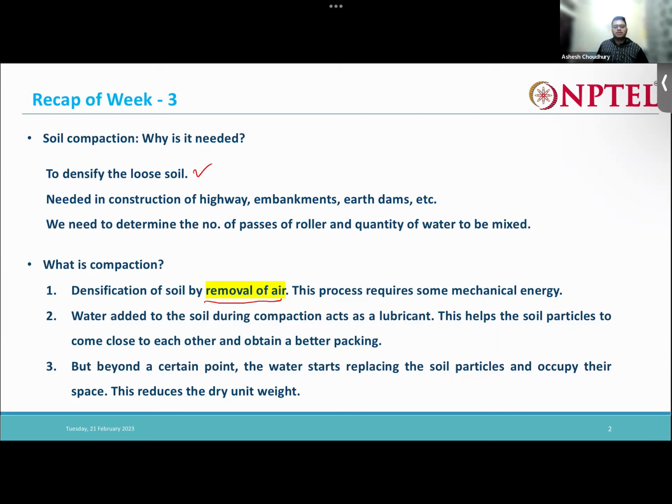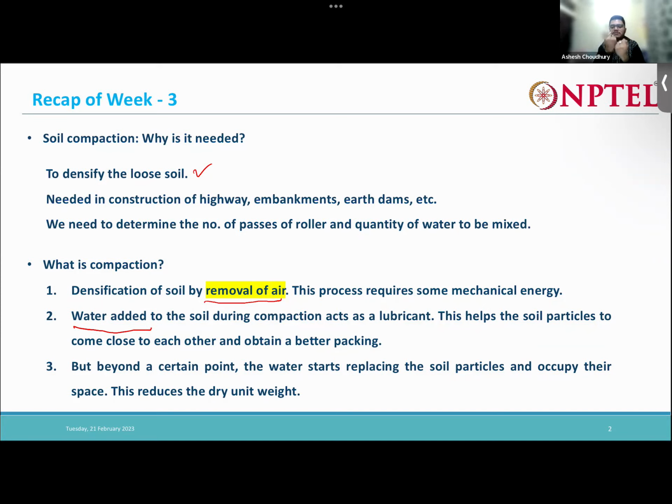Now to aid compaction, we need to add some water. What does water do? Water helps in the lubrication of the soil particles. It is just a lubricant. A lubricant is something which reduces the friction between two particles.